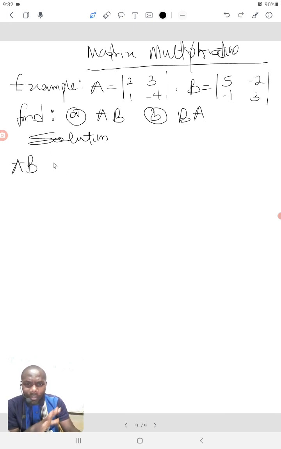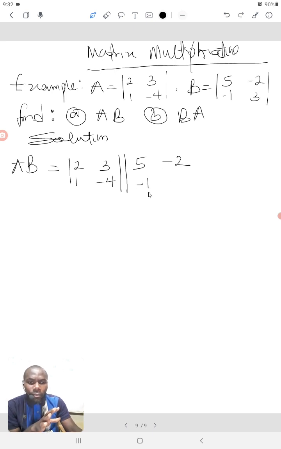It's very simple. You write it the way you write this. It means 2, 3, 1, minus 4. You put it here again: 5, minus 2, minus 1, 3.